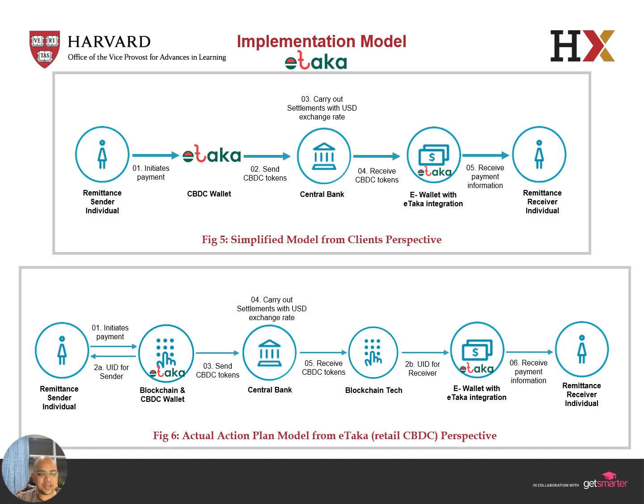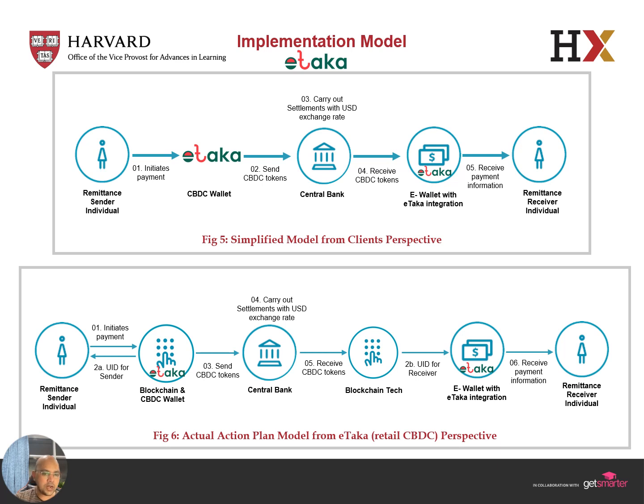And when the central bank's conversion or settlement is done, it sends it back to the blockchain. The blockchain will verify the unified ID and send it to the receiver's digital wallet. So the blockchain is involved at the two ends, from the sender's end and from the receiver's end.